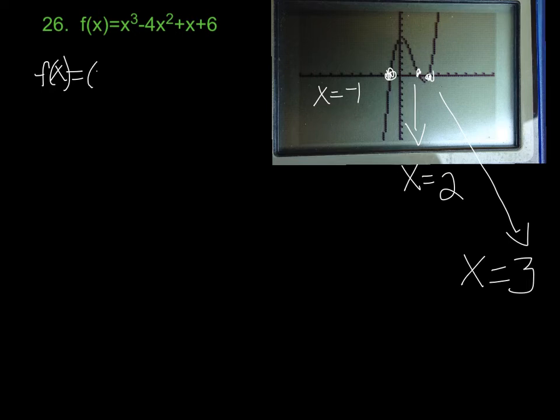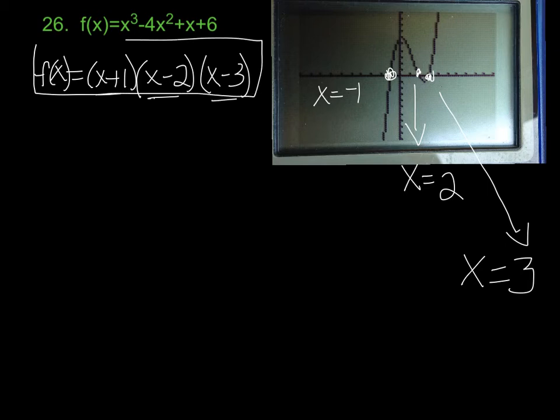So for x equals -1, I could write that as x plus 1. And then instead of x equals 2, I can write x minus 2. And then instead of x equals 3, I can write x minus 3. And if you look at that, those are products of linear factors, because they take that form of y equals mx plus b. Okay, so then your answer is just going to be that.